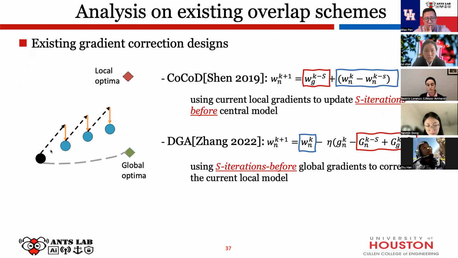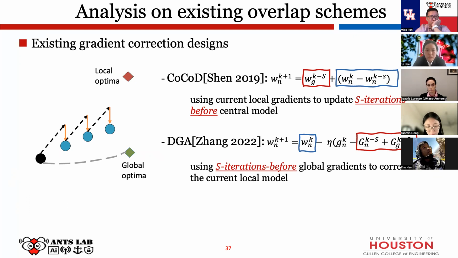Also, you can see from this figure that when you do the overlapping with the inconsistent state, the model gradually deviates from the global directions. So it will cause the model accuracy to drop in the overlapping schemes.